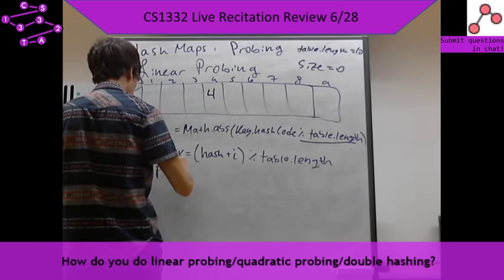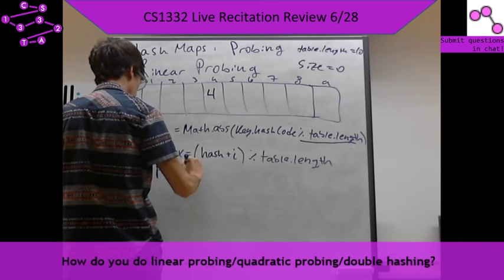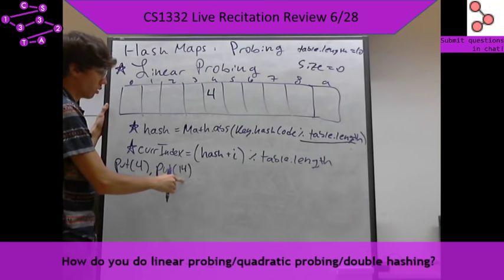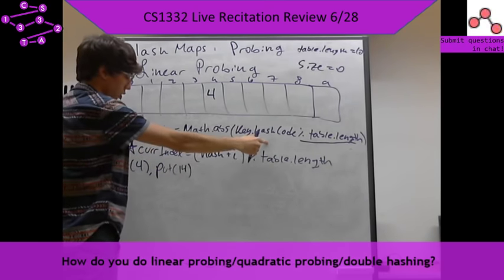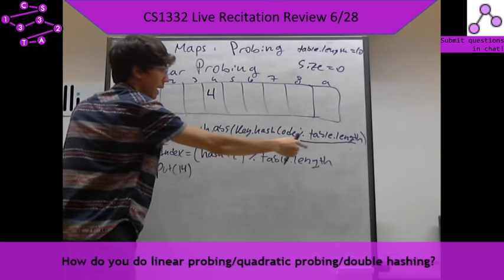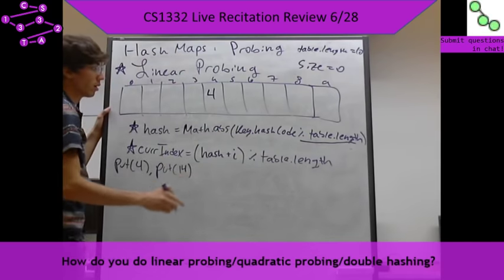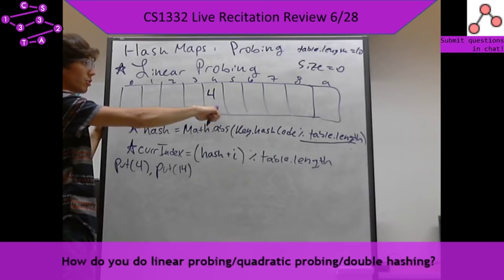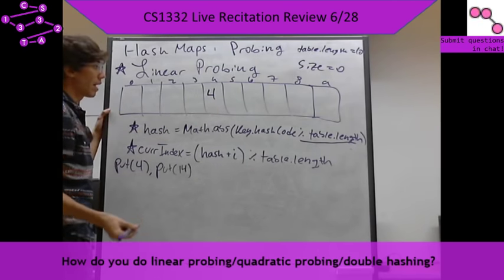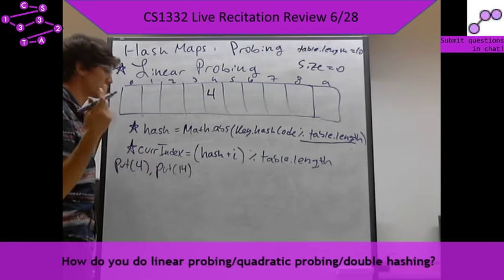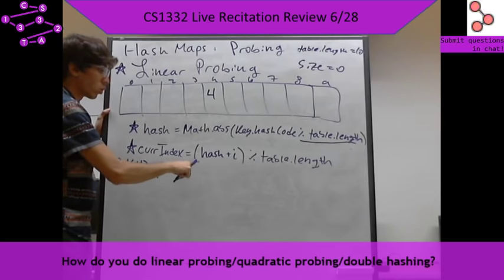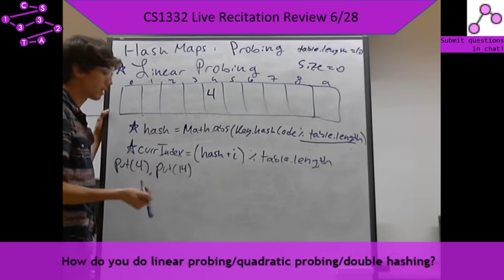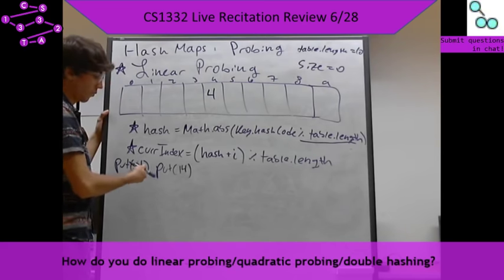But now let's try put 14. That will also map to 4. So key.hashCode will be 14, we'll mod that by 10, and that will get us 4. So that places us here. But oh, we have a collision. There's already something in the hash map at this ideal location. So now we're going to go into our loop and investigate, using linear probing, where the correct place to place this 14 is.